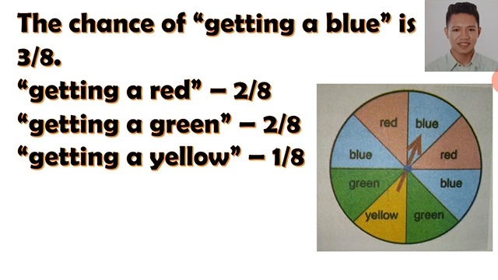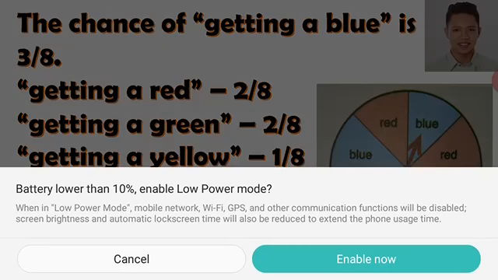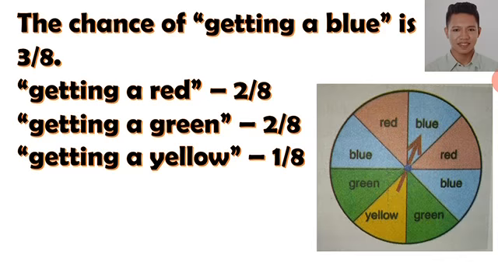Actually, this example is a theoretical probability, because theoretical probability is computed without actual event outcomes. So you don't need to spin the wheel to get the possible outcome.